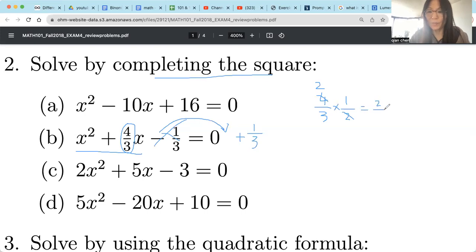How do we use this number we found? We're going to square it. Square this, we get 4/9. Okay, we add 4/9 on the left-hand side and we add 4/9 on the right-hand side.